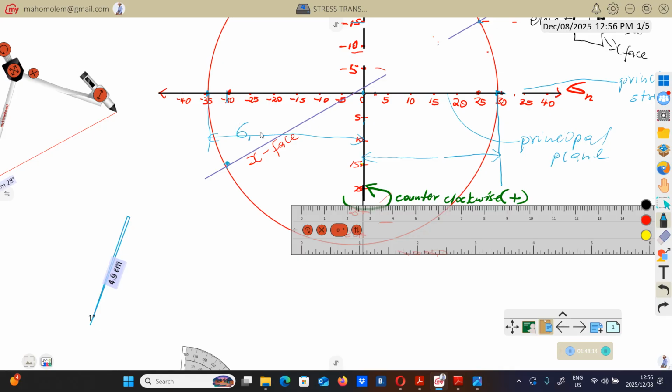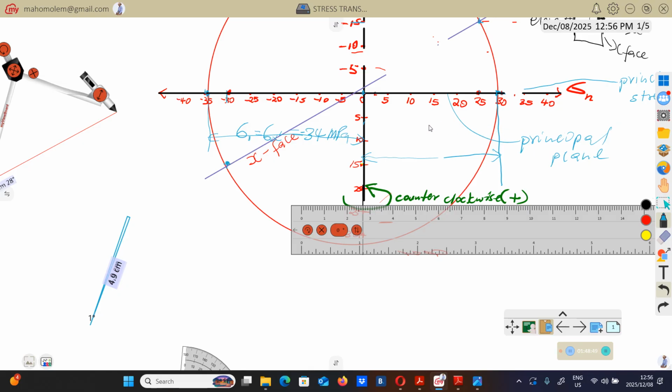This is the principal stress on the X face. So you will see it's about negative 34. Remember 35 is somewhere there. So this is 34, negative 34 MPa.